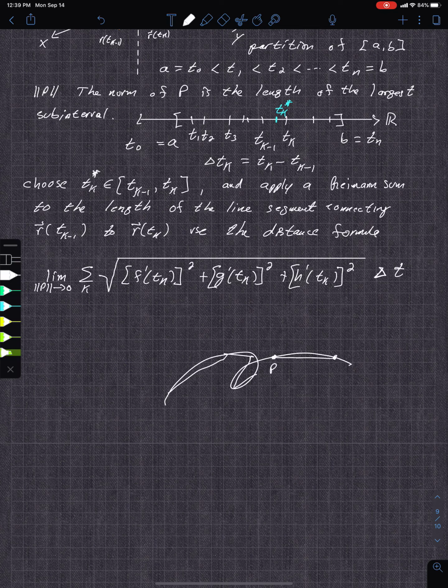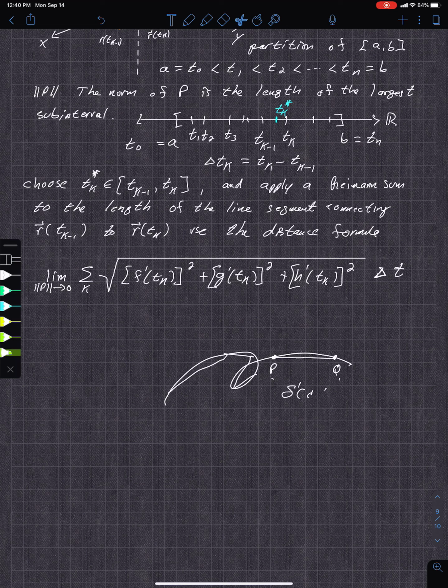To get the length of that line segment takes a little work actually, but you have a point P to Q. And to calculate that, you end up applying one of our important theorems. I think you apply the mean value theorem, where if you're going between 2 points, there exists a value in between such that f prime of that value is the difference, right? Not going to say it all here, but that's why you get those derivatives in there.